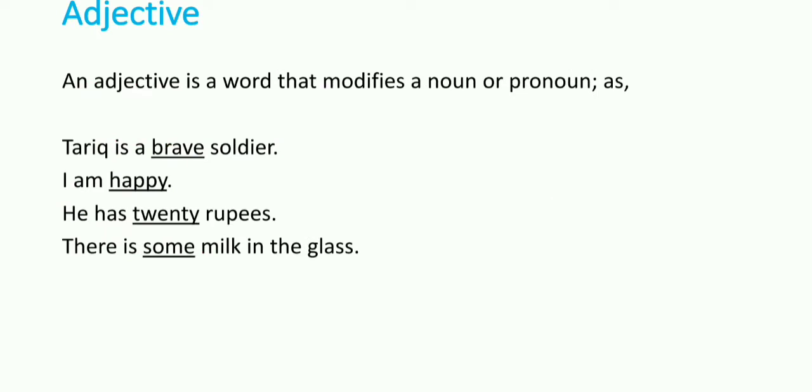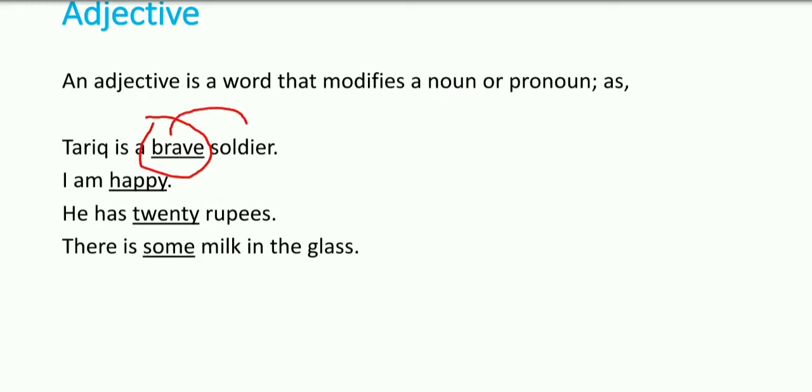Thirdly, we have the adjective. An adjective is a word that modifies a noun or pronoun. Modifies means tells something more about the noun. In the sentence, Tariq is a brave soldier, brave is an adjective which is describing the word soldier. Next example: I am happy.